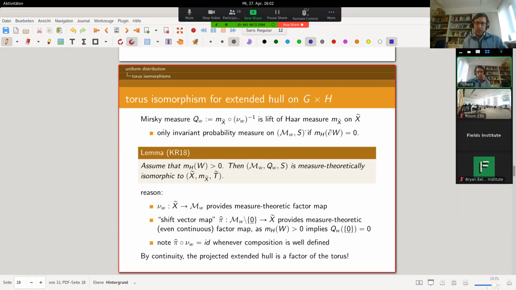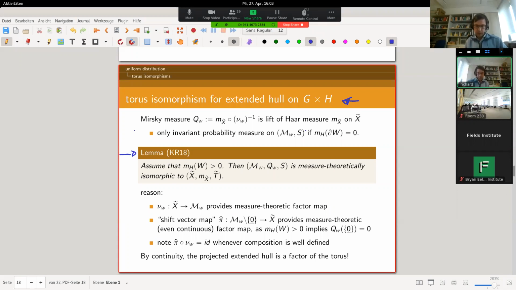Okay, so we start with the cut configurations and the extended hull from the cut construction, because this is somehow easy to see. And the statement here is, if the window has positive measure, then the extended hull together with the Mirsky measure, and now this is the cut hull in G times H in superspace, is measure theoretically isomorphic to the torus.